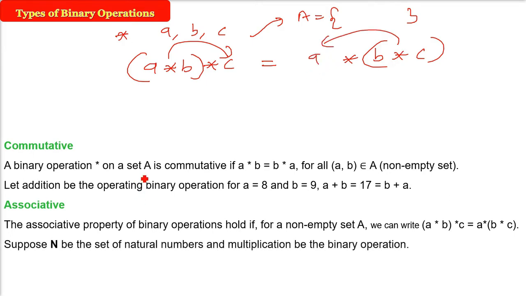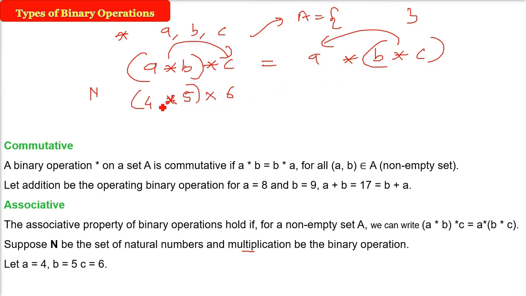Okay. Now again we are taking the natural number set and we'll try to take an example. And multiplication will be the binary operation here. So take any a, b, c value from natural numbers. I am taking a as 4, b as 5 and c as 6. So what are we going to do? We will do the operation like this: first we will operate 4 and 5, then the result will be operated with 6.